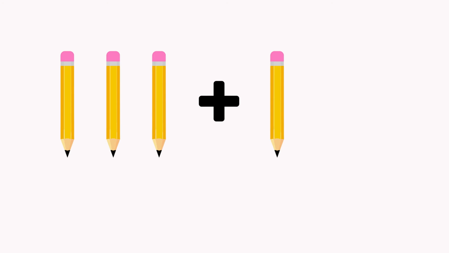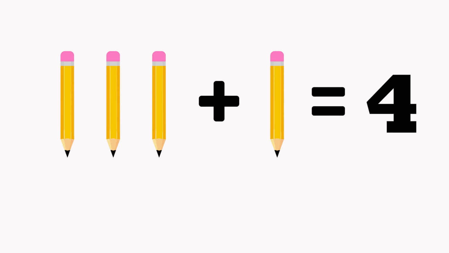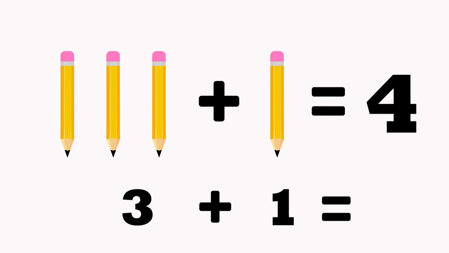Now we will count all together and find the total number of pencils. 1, 2, 3 and 4. So in total we have 4 pencils. So 3 plus 1 is equal to 4.